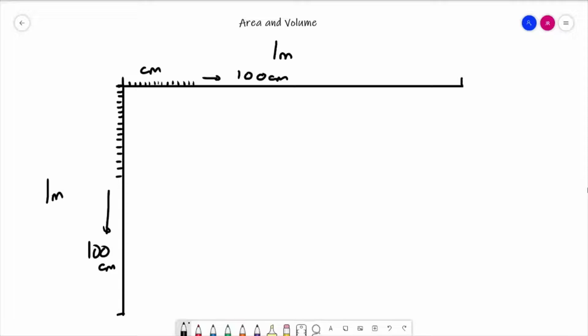What we're left with though, from an area point of view, is if we measure one of these little squares here that I'm just going to colour in. I'll colour this in blue. Okay, that little box there is 1 centimetre on one side and 1 centimetre on the other side.